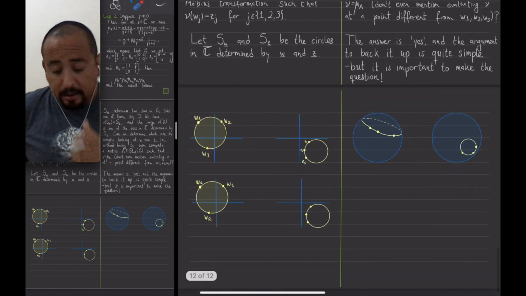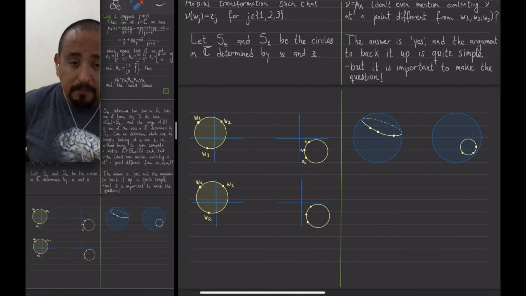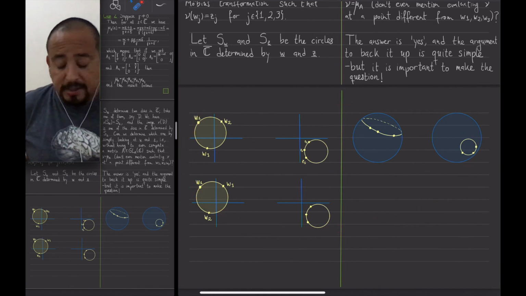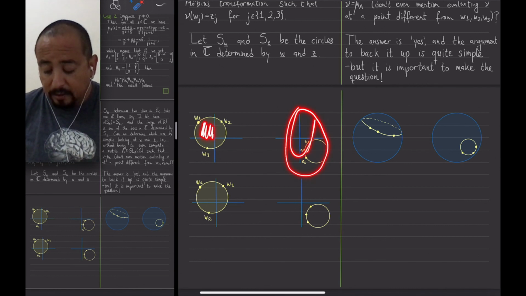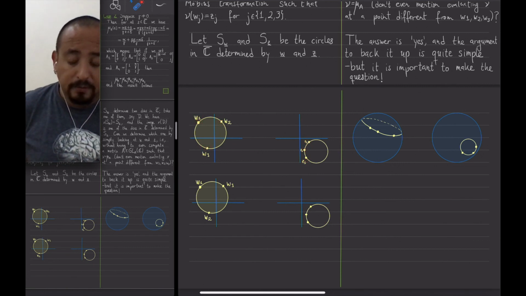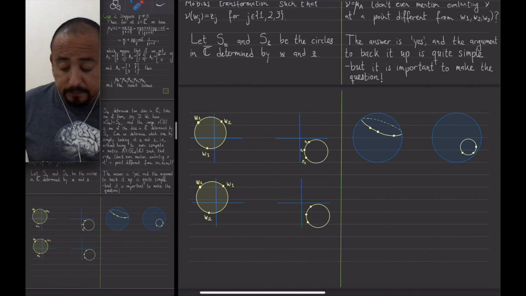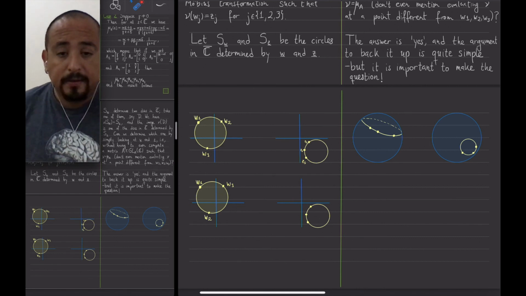And finally, we described one method of explicitly deciding which disk in the codomain is the image of a disk in the domain, just by looking at the original two triples of distinct points, and the final answer depends on knowing that Möbius transformations preserve the orientation of C bar. And that's it for today.